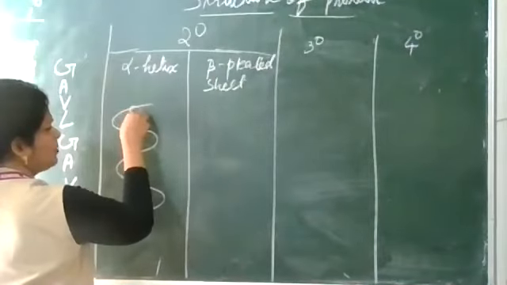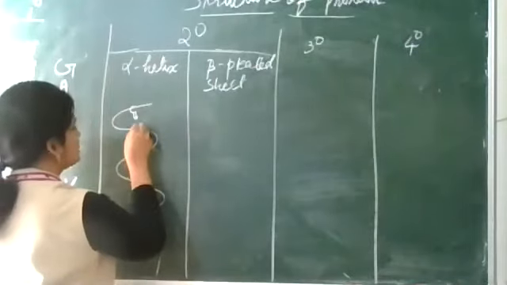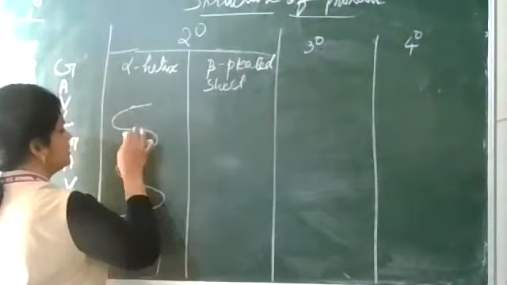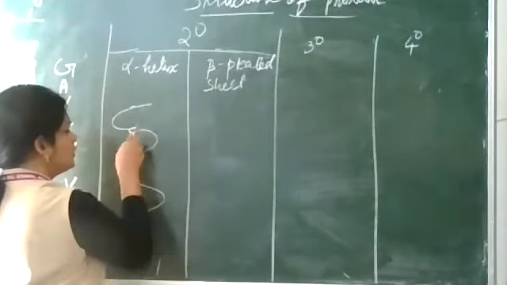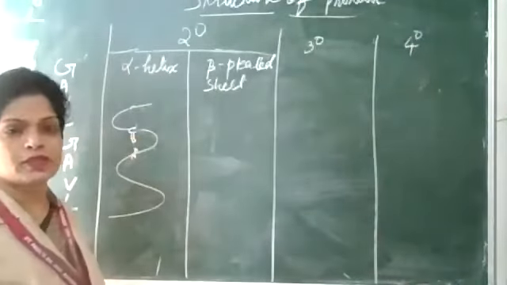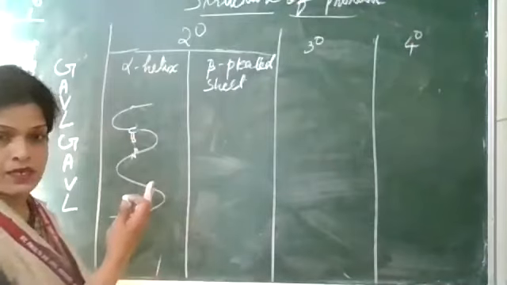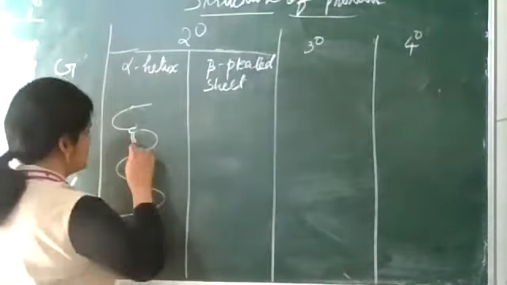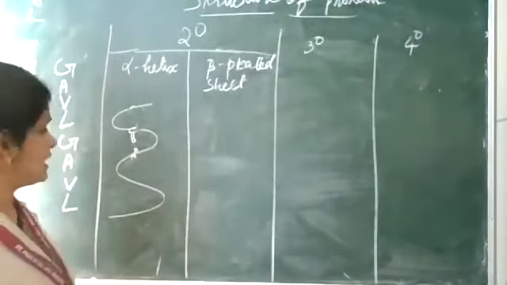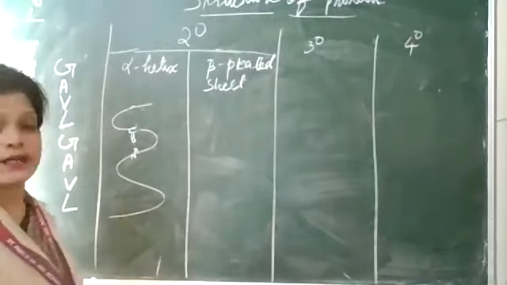See, the C double bond O of one peptide linkage and the NH of another, between them are hydrogen bonds. They are held together by hydrogen bonds.